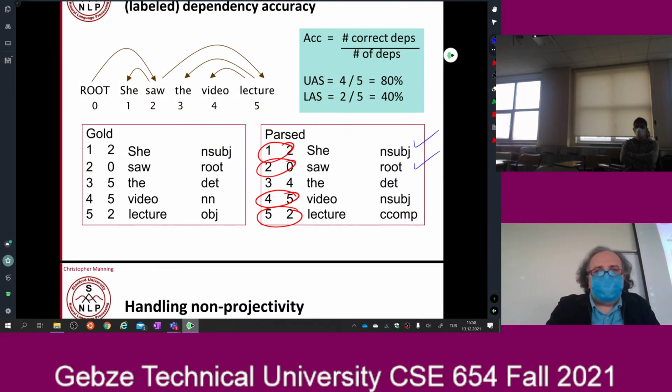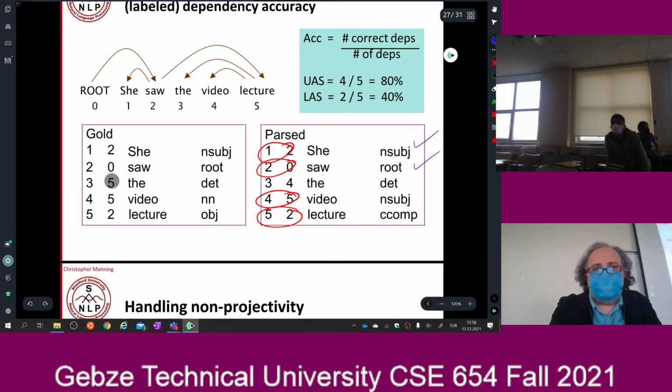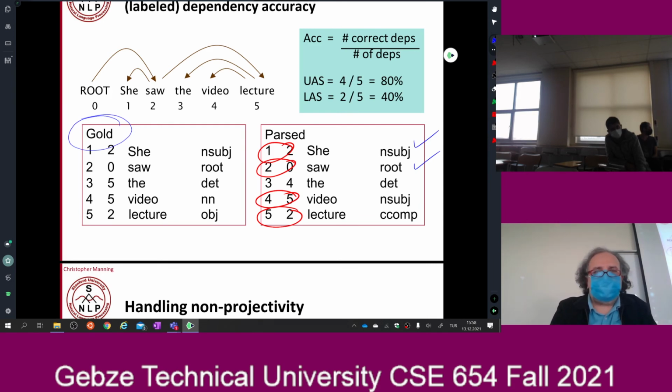Between 1 and 2, 2 is our verb, there is a subject relationship. Between 0 and 2, there is a root relationship. Between 3 and 5, there is a determiner relationship, etc. This is the golden standard. This is the ground truth that comes from the data set.